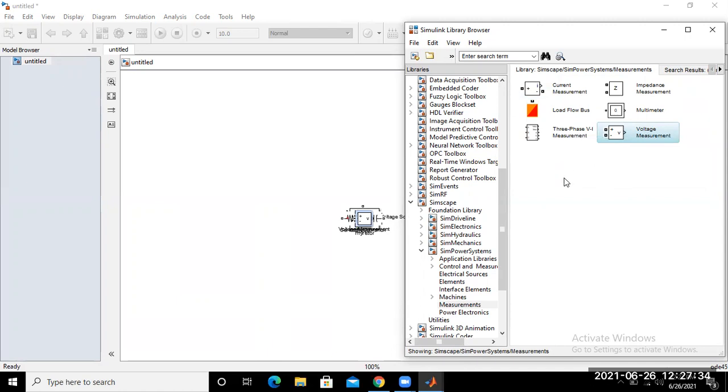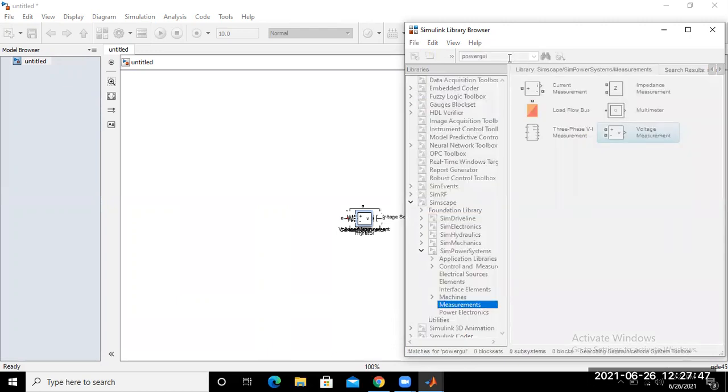Now, do we require anything more? Yes, for the operation of the power, the powergui.